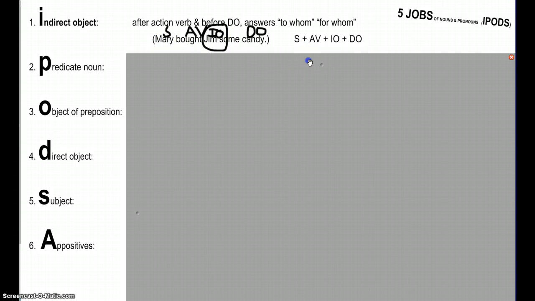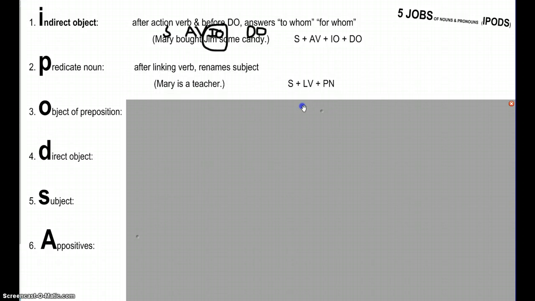Another job that nouns can do are predicate nouns. Predicate nouns work with this sentence pattern, subject plus linking verb plus predicate noun. We can often have nouns that come later in a sentence with a linking verb. What makes it a predicate noun is that it's going to link back and rename your subject.